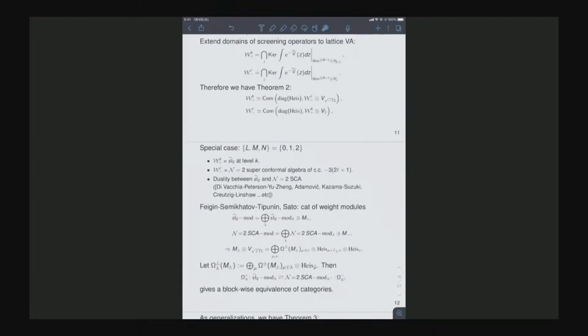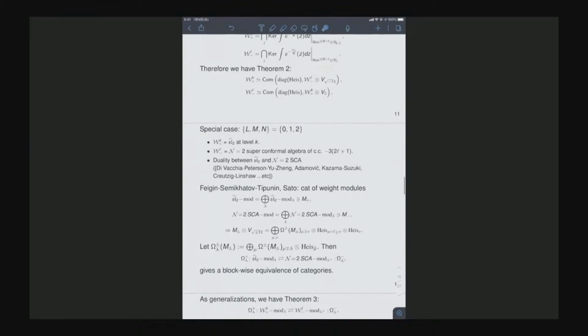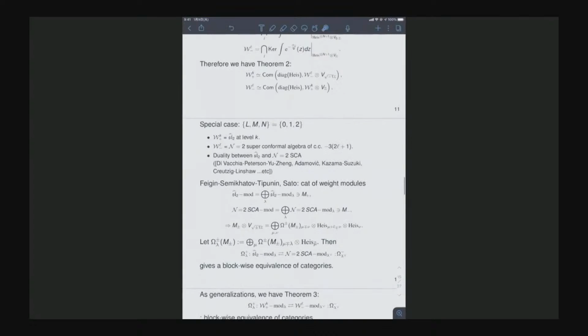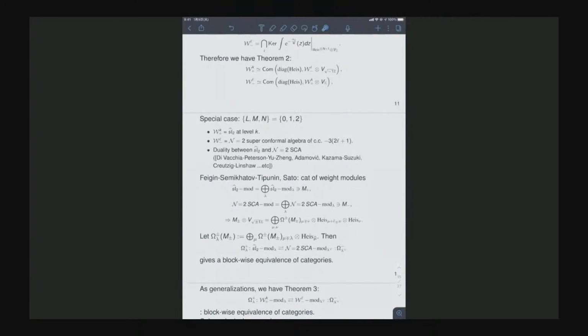Anyway, this is very well known, and the modules of these algebras are studied by Feigin, Semikhatov, Tipunin, and Ryosuke Sato. They consider the category of weight modules, and the affine sl_2 modules can be decomposed into these blocks, and the N=2 superconformal algebra decomposes into these blocks.